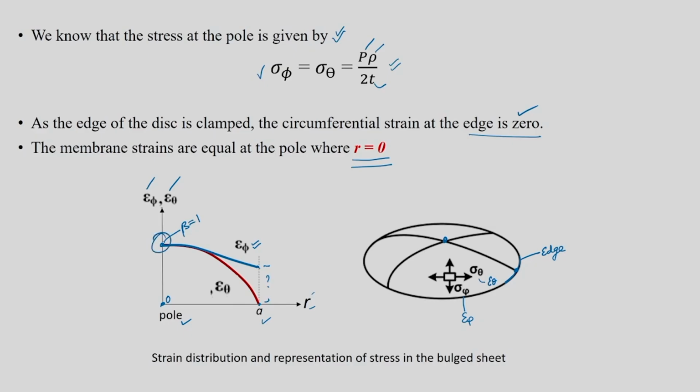So, this region is of focus to us, that is why we always bother about the pole. For example, in a hydrostatic bulge test, you can expect peak strain at the pole region, and it is going to diminish in this way. So, epsilon theta will be 0, epsilon phi will have some value.